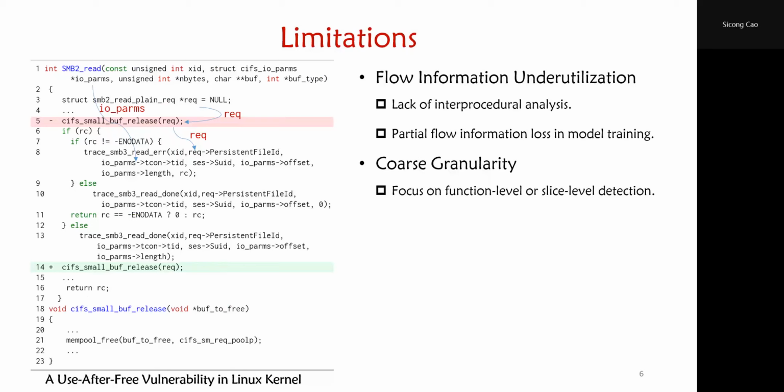Another limitation is coarse granularity. The detection granularity of the existing deep learning models is mostly at the function level or slice level. However, developers still need to spend a great deal of time manually narrowing down the range of suspicious statements or operations.